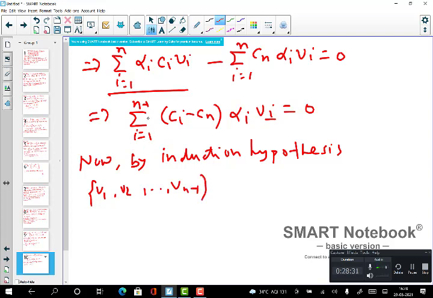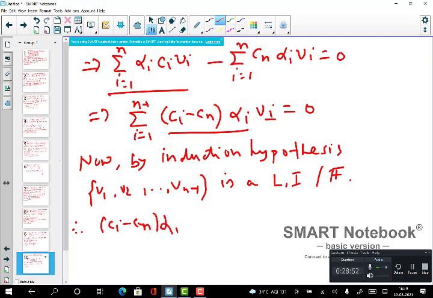You have exactly n minus 1 many such vectors in a linear combination, linearly independent over F. So what does that mean? That means the coefficients of this equation must be 0. So thus we have ci minus cn into alpha i equal to 0, and this is true for all i equal to 1 up to n minus 1.